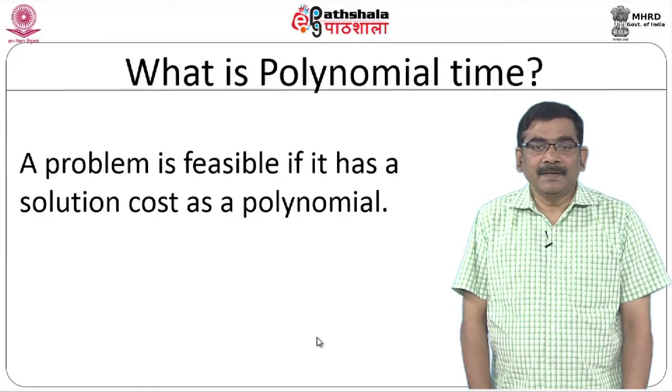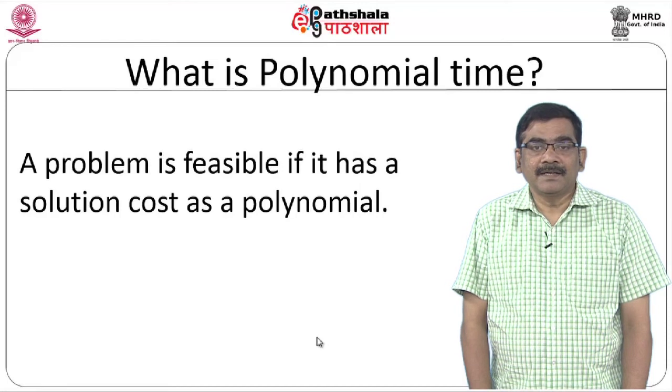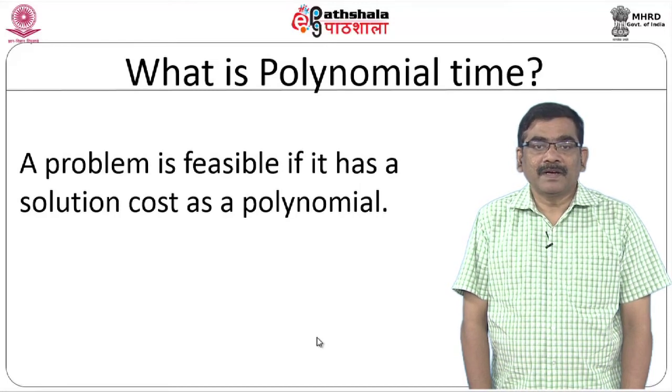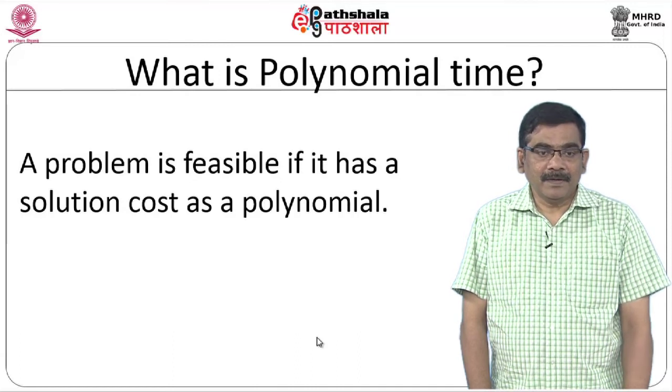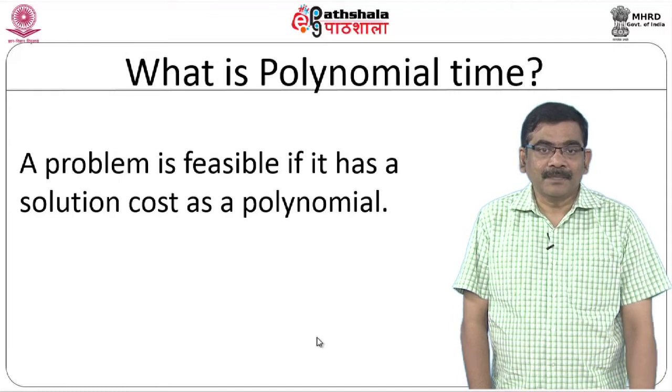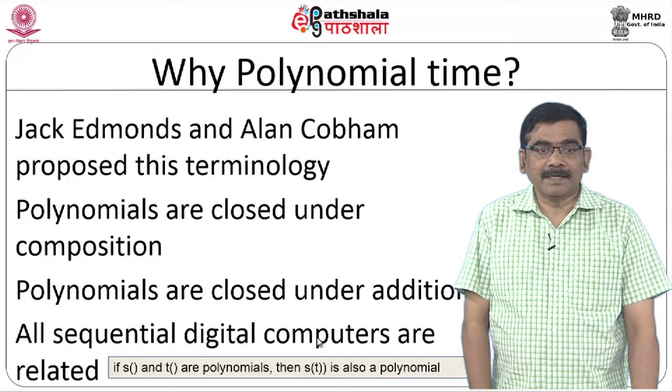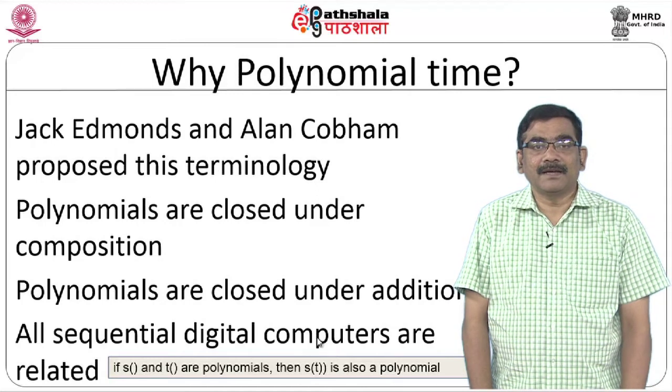For example, the complexity of insertion sort is order of n square. N square is a polynomial. The complexity of matrix multiplication is order of n cube. N cube is a polynomial. In other words, a polynomial represents the bound of all these algorithms.